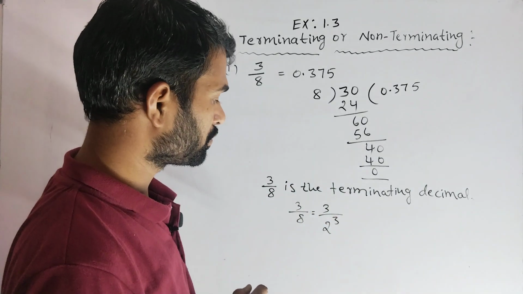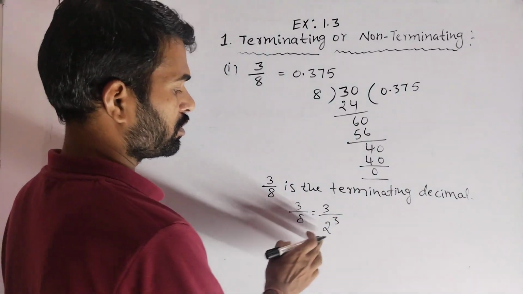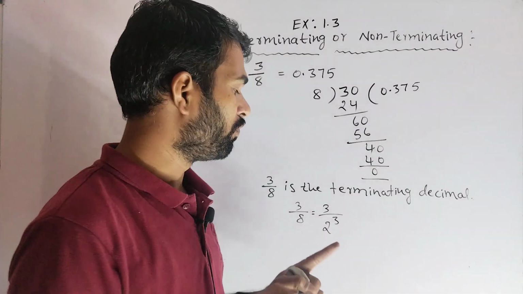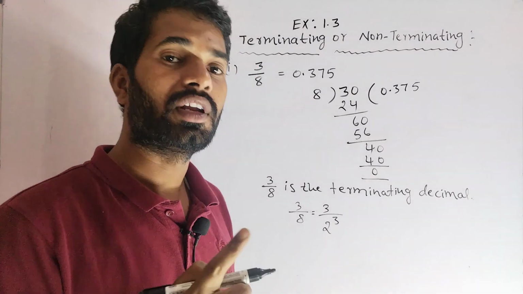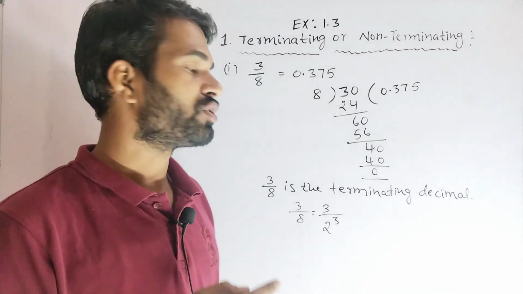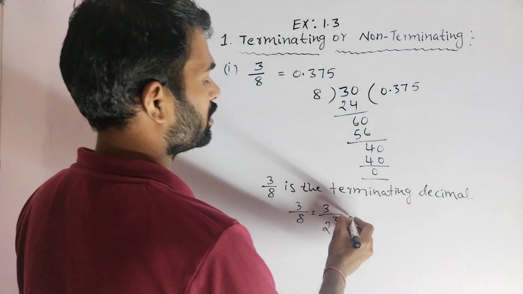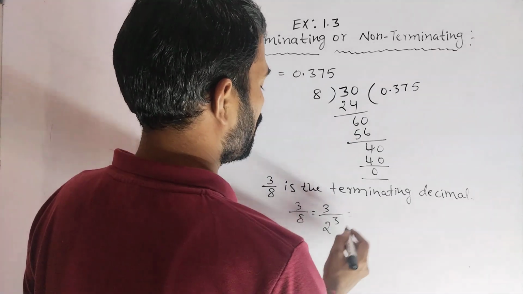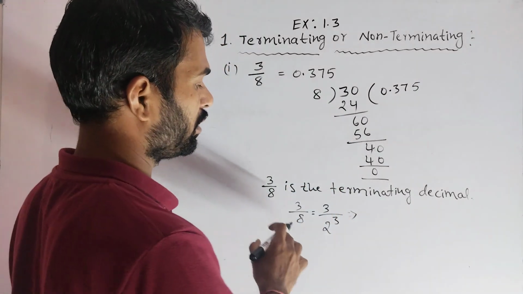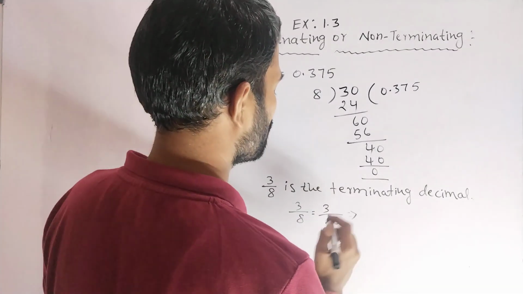If we write a denominator in the form of 2 power n into 5 power m, then that is also terminating, but actually this process we will use in the next bit. We cannot use it in this bit, next bit we can use.